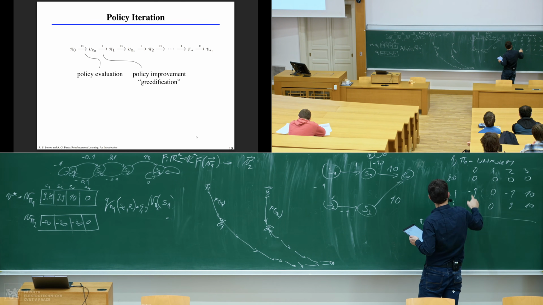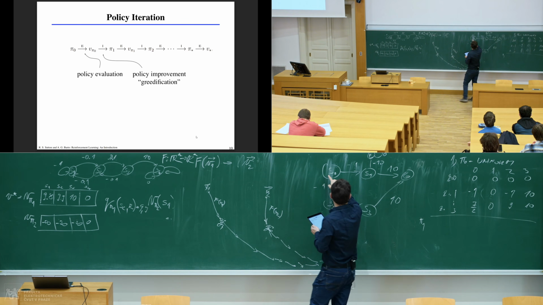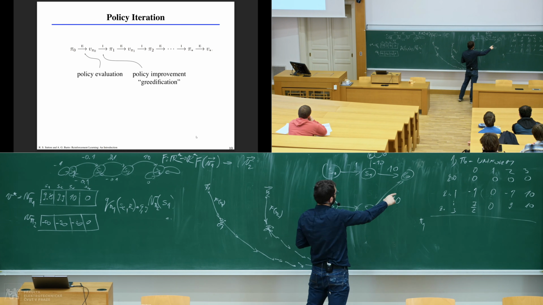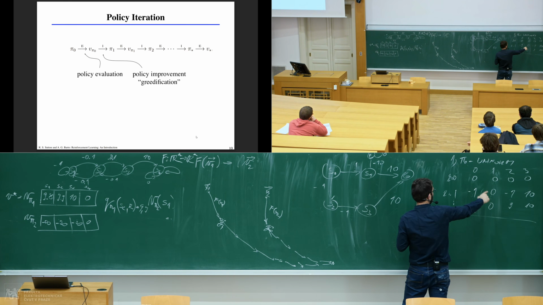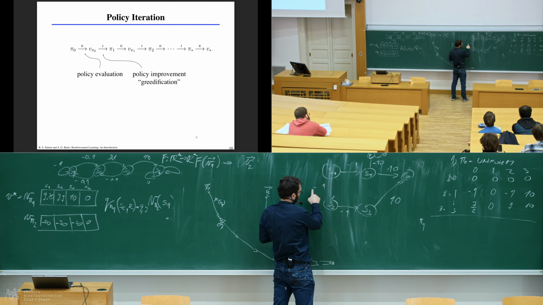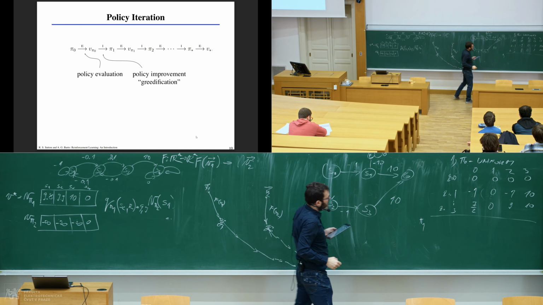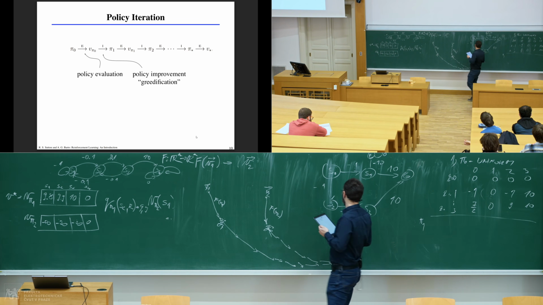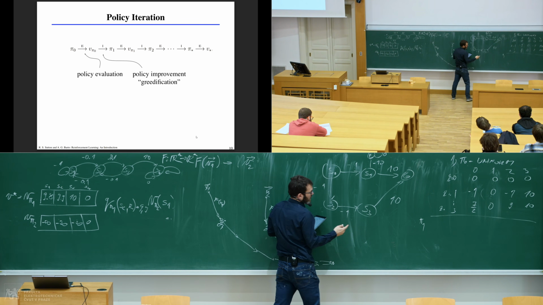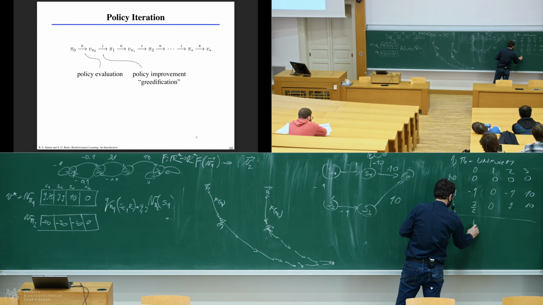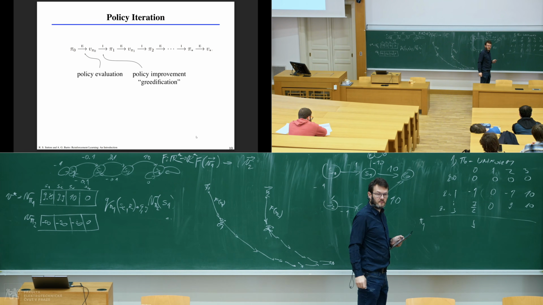In state 0, we can go here, and here we will get S1. We'll get 0, so it's -1. Here, we'll get -1, and S2 is 9, right? So for P1, we will decide to go in this state down, right?